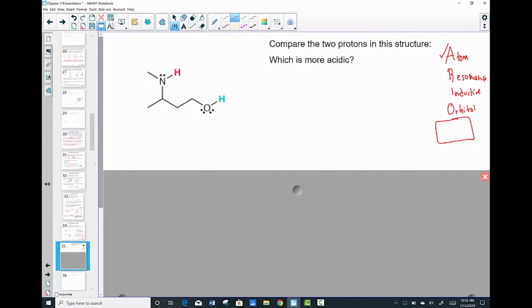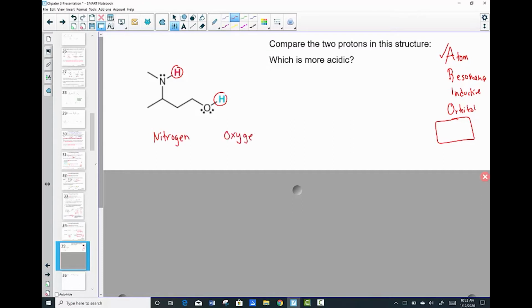What about the atom? So here are our protons, highlighted in red and highlighted in blue. The first, highlighted in red, is attached to a nitrogen. The next, highlighted in blue, is attached to an oxygen.